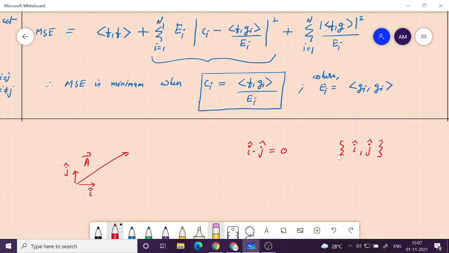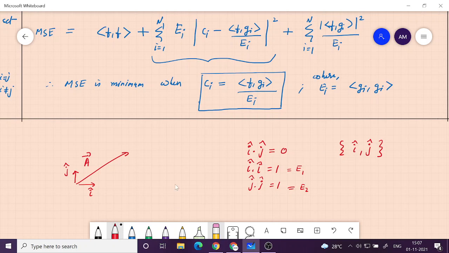And i dot i is what? i dot i is 1, j dot j is also 1. So they have unit length. So this is like your E1 and E2, both are 1.